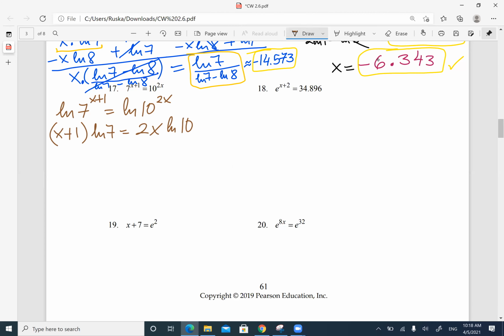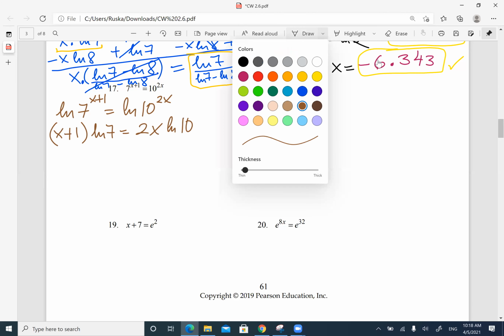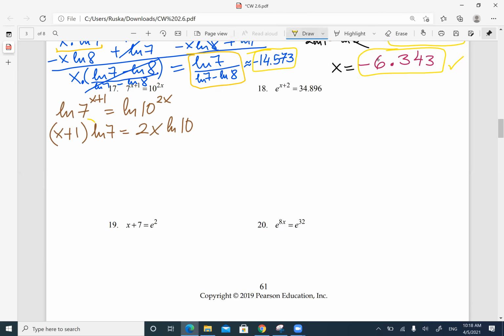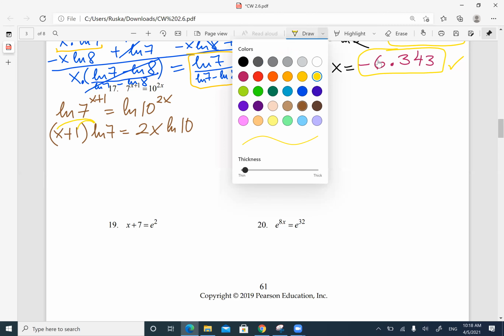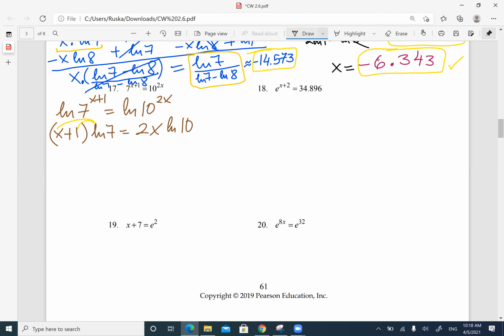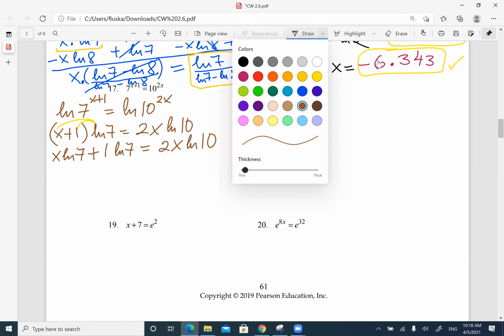Now we're going to distribute, so we're multiplying ln 7 times x and ln 7 times 1. So that will give me x ln 7 plus 1 ln 7 equals 2x ln 10. Now I'm going to look where I have the x's.